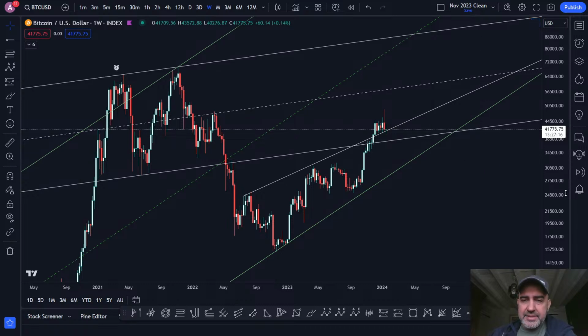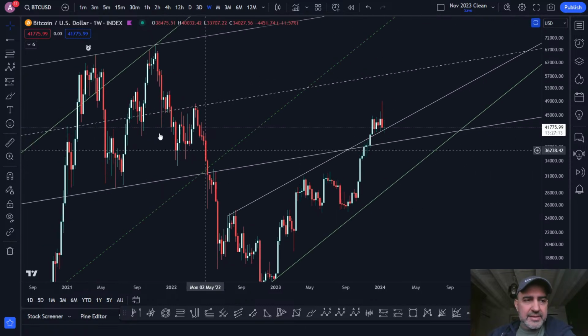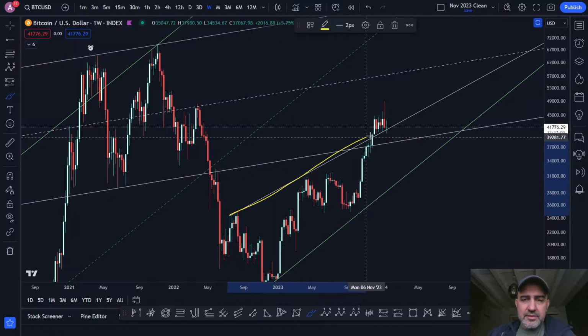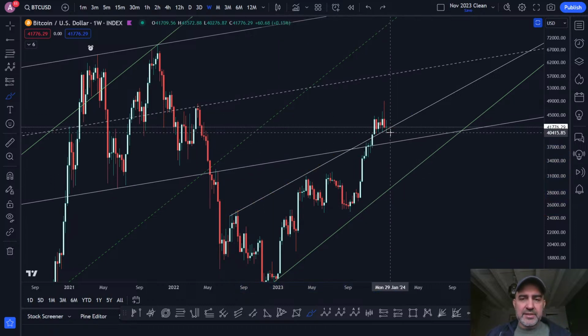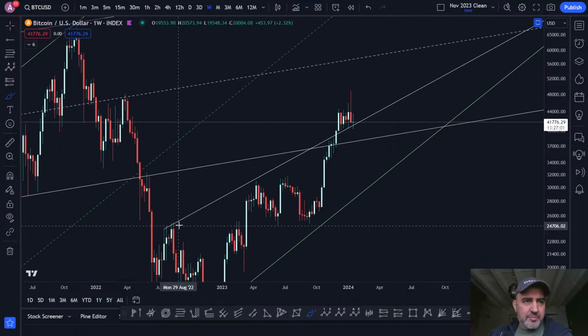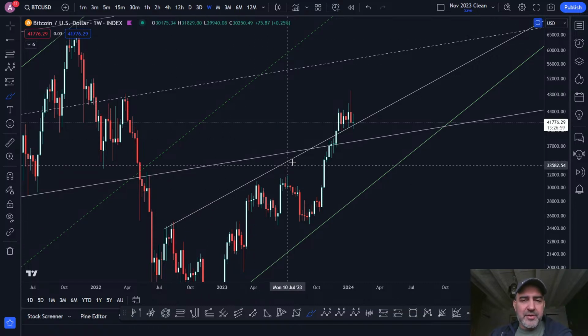There's some arbitrary ones, like this trend line I have here, and it's obviously still holding. In my mind, we have to lose that line first. Because I'm using the weekly chart, it's a little bit of a range, not necessarily an exact line. So you have to wait for the weekly candles to print to see how they behave.